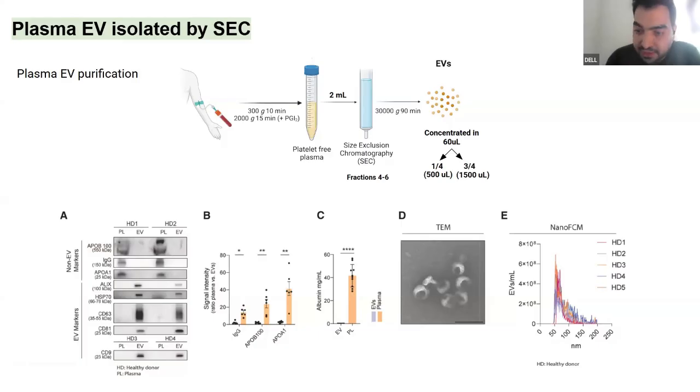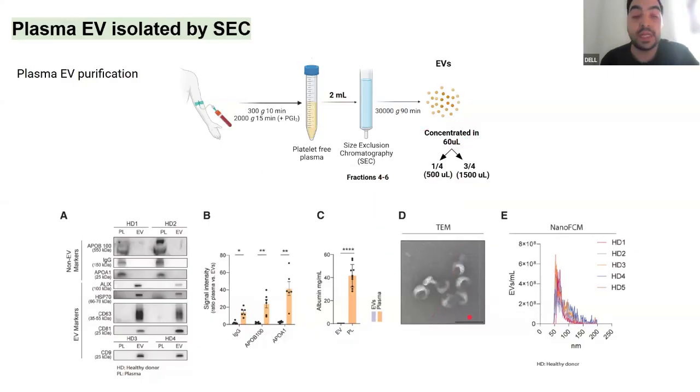Similarly, soluble plasma proteins such as albumin or IgG were either undetectable or present at very low levels, confirming the high purity of our EV preparations.